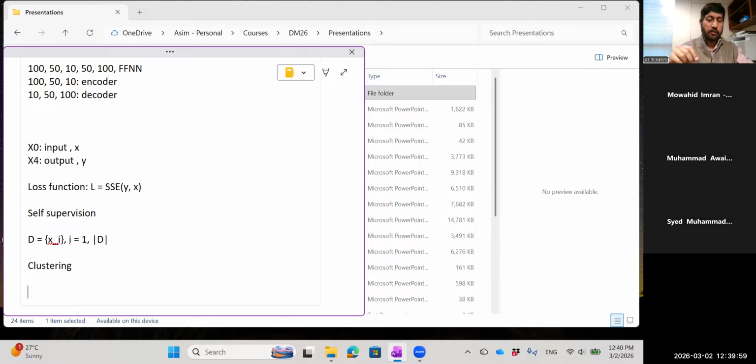The tangent hyperbolic, as I said, is recommended for autoencoder, not rectified linear unit. ठीक है.